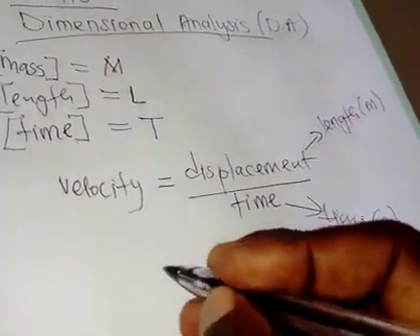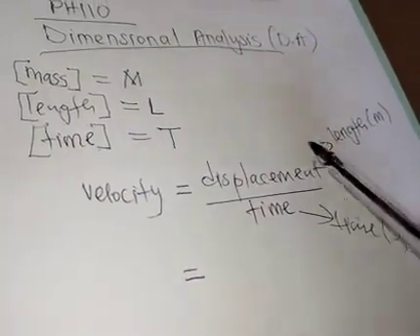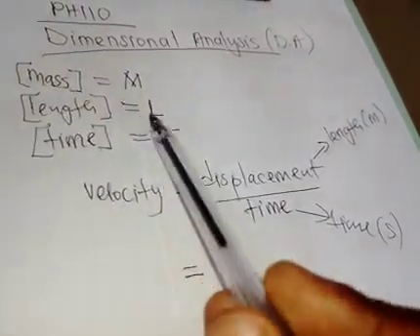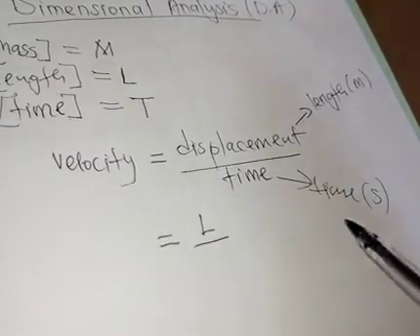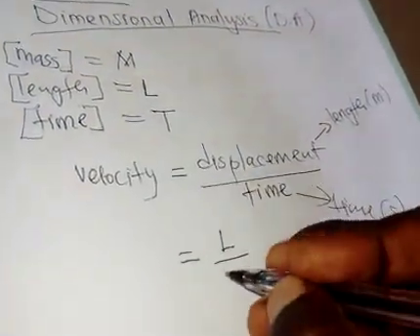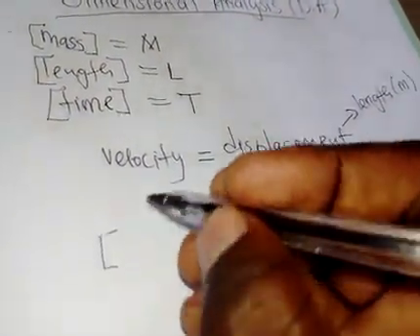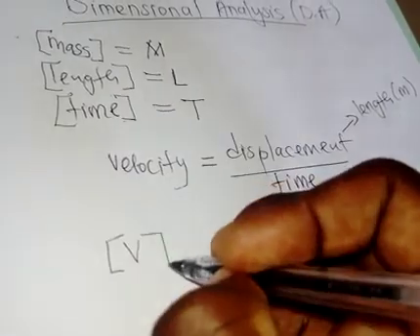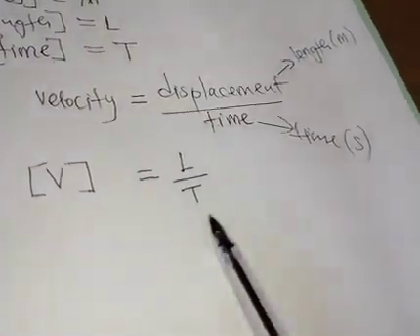For length, we know that the dimension is L, so we say L over the dimension for time, which is capital letter T. So you can say the dimensions of velocity V equals L over T, but we shouldn't leave it like that.